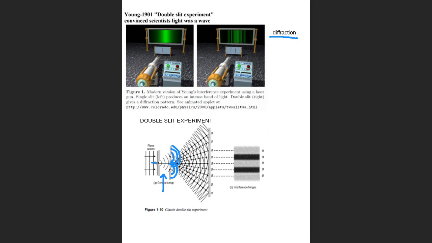Here's a model of the experiment showing the bright bands where waves add together, making a series of bright lines on a photographic plate, for example. You just need to keep this in mind for later when we talk about other types of waves, but the thing that convinced scientists light was wavy and not blobby was the interference pattern that you could obtain in a double slit experiment involving light.